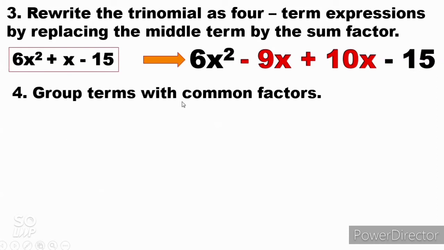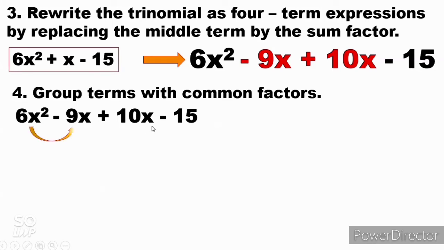Okay, next, let's have number 4. Group terms with common factors. Sa alin kaya dyan ang common? Now we have 6x squared minus 9x plus 10x minus 15. As you can see, common ang 6x squared minus 9x ng 3x. 10x minus 15, common sila ng 5.